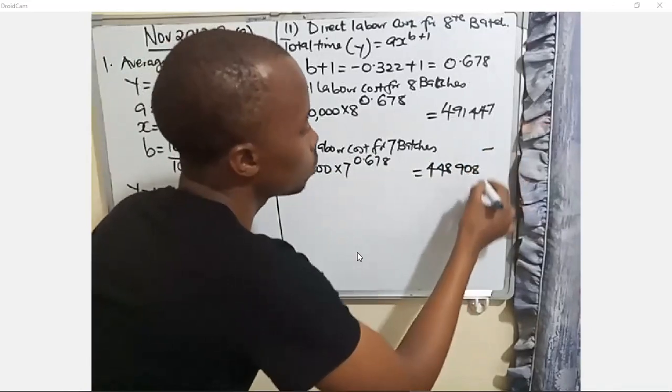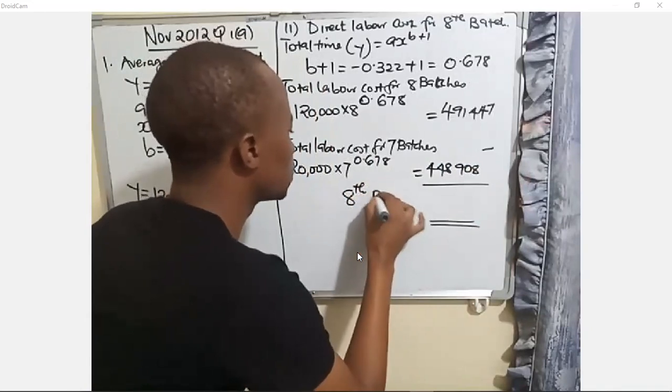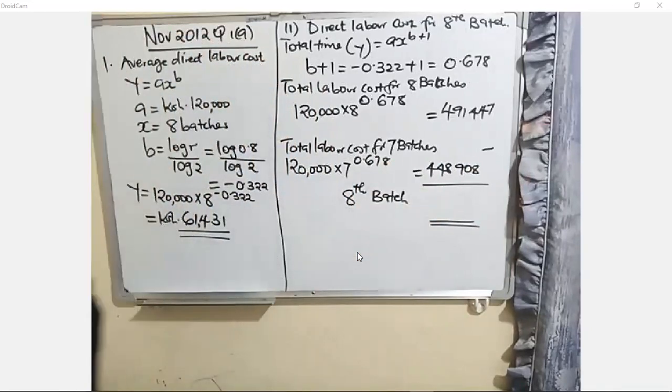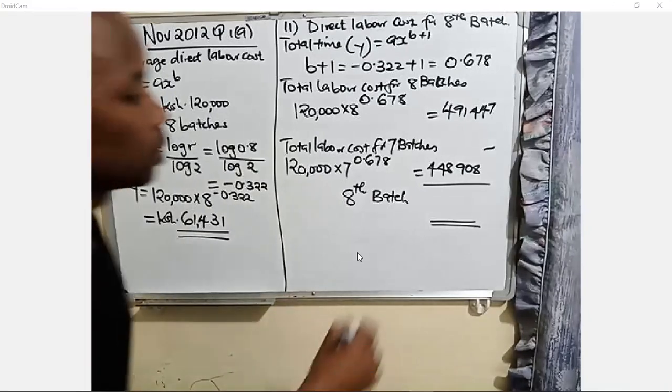Thank you. Once we subtract, we are going to get the 8th batch. How much is our 8th batch? 42,539.